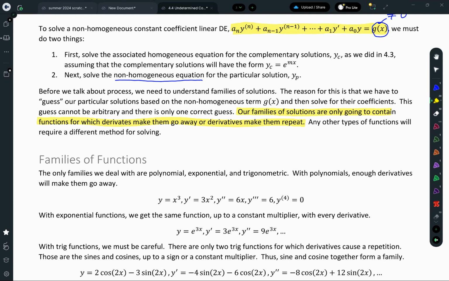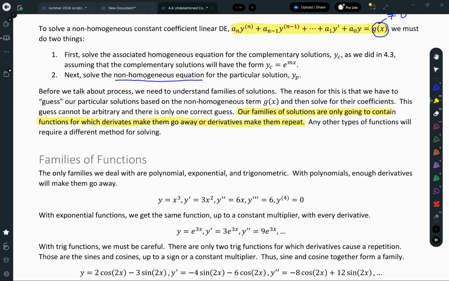The function is not repeating itself with its derivatives, and it's not going away. The denominator is getting bigger and bigger in power. That's not the type of function that we're going to be after.